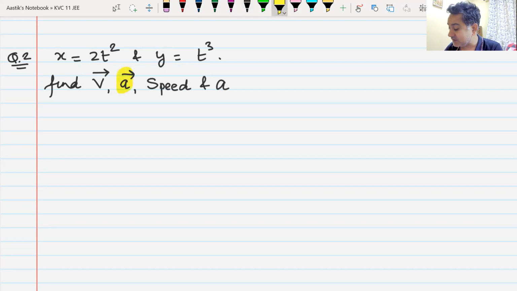This is acceleration. Then what is this? Magnitude of acceleration. This speed is instantaneous speed, which is the magnitude of this velocity. Do we understand this?